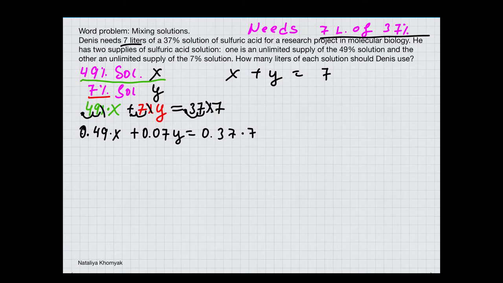So here's our second equation we can work with, and we can simplify it a little bit more. So we get 0.49x plus 0.07y equals 0.37 times 7, which is 2.59.